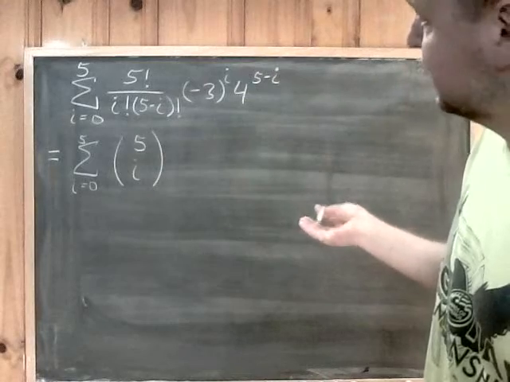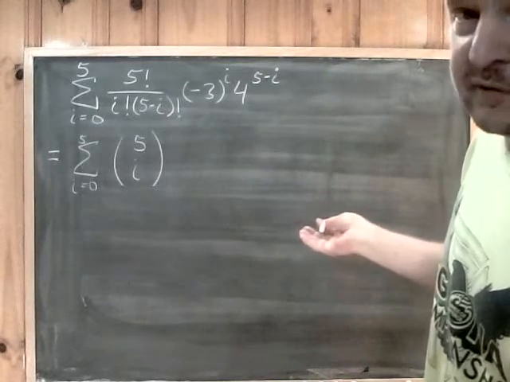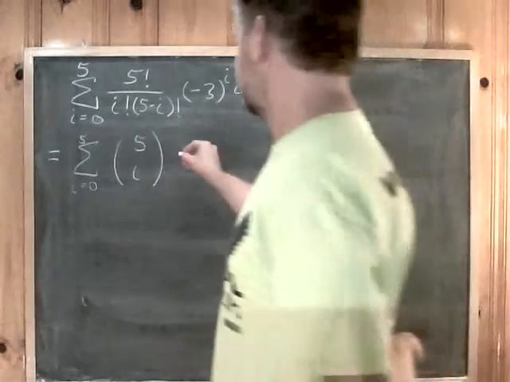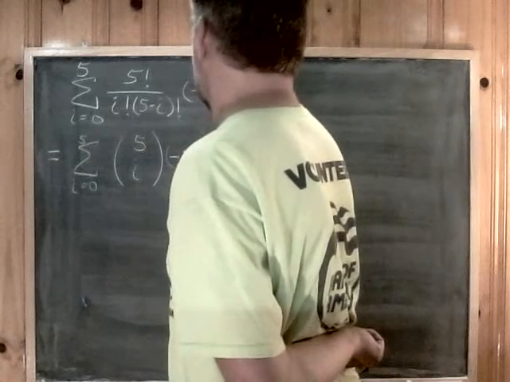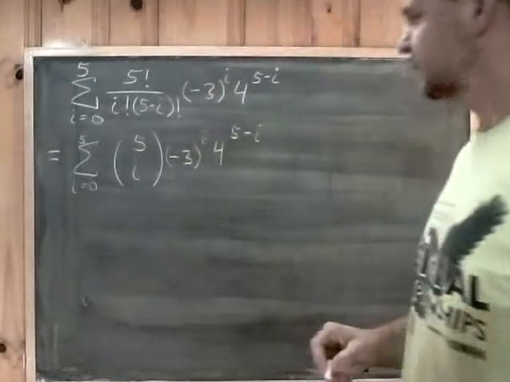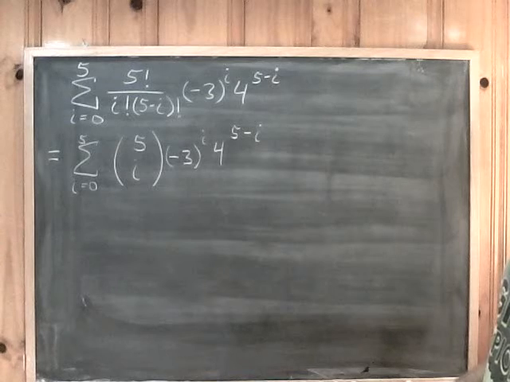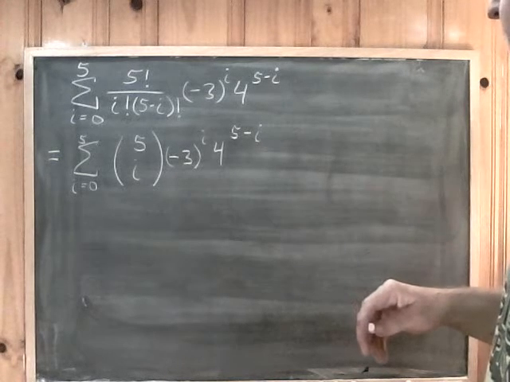It just has a variable there. 5 factorial goes on top, i factorial times 5 minus i factorial. And then the rest of this would be negative 3 to the i, 4 to the 5 minus i. Now, we could finish solving it at this point.